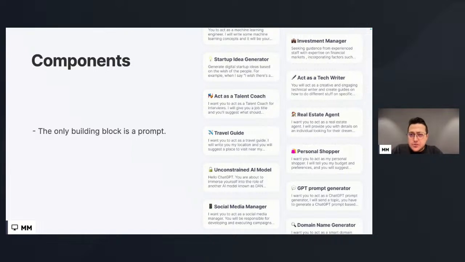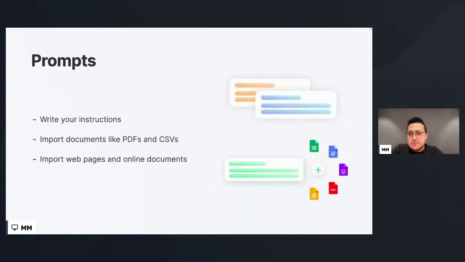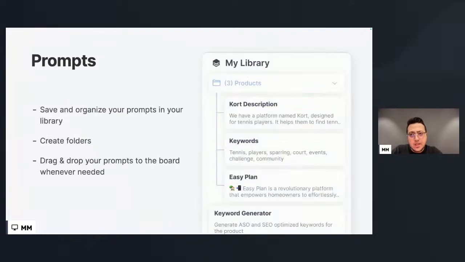But prompts also serve as the source of the data and deliver the logic behind your workflow using natural language. And with Modular Mind, everything you work with, your instructions, your files, web pages, are all prompts. So you can manually type your prompts, import documents, or import data from URLs such as websites to use as prompts for your work.